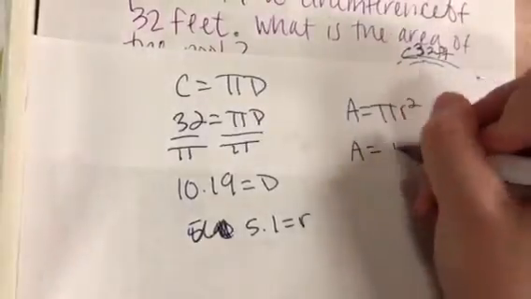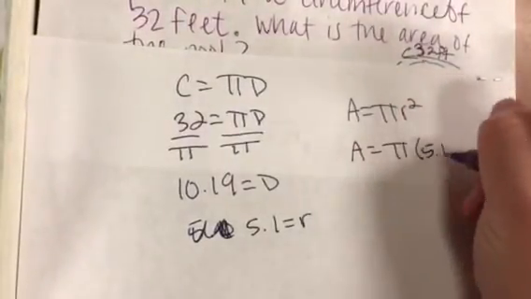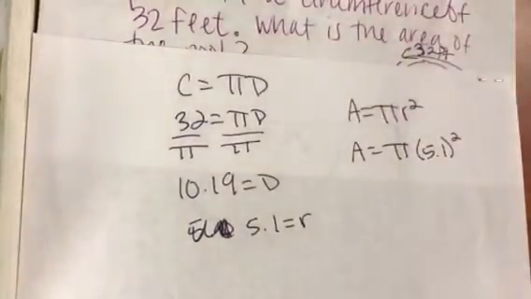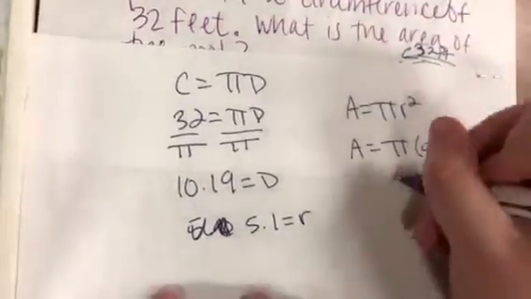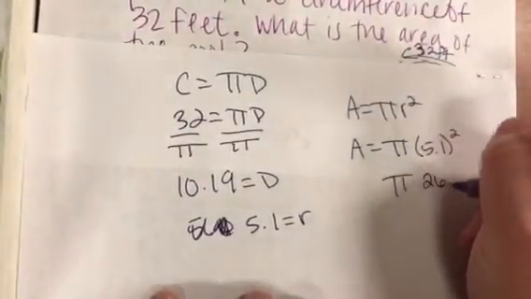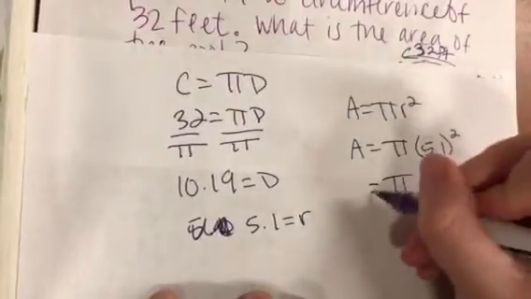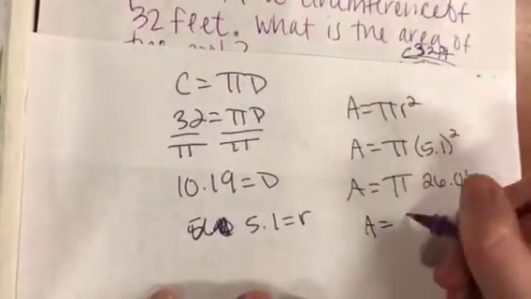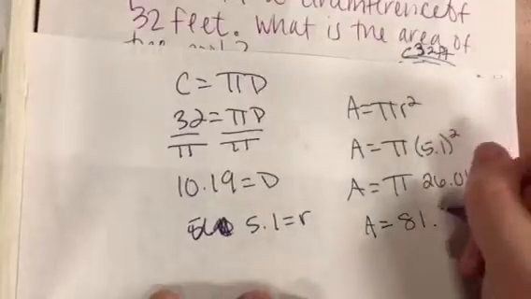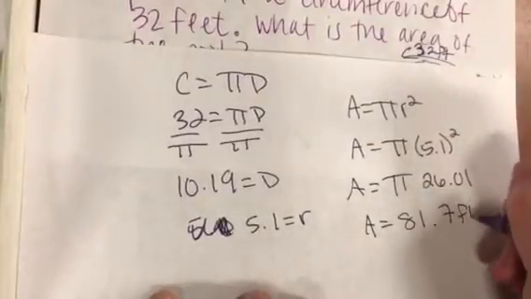So we've got area equals pi times 5.1 squared. 5.1 squared is 5.1 times 5.1, which is 26.01, times pi. So area equals 81.7 feet squared.